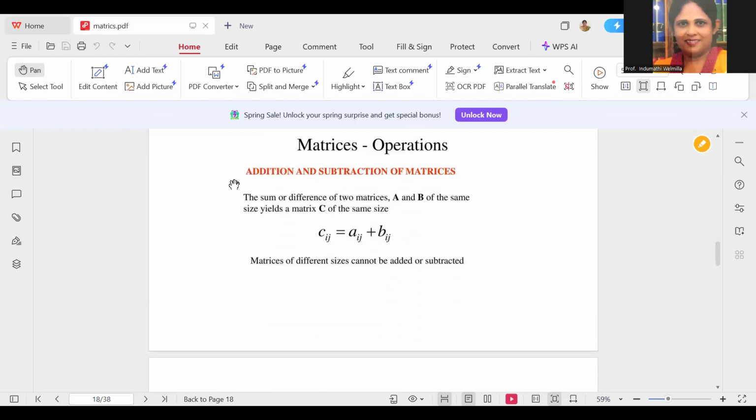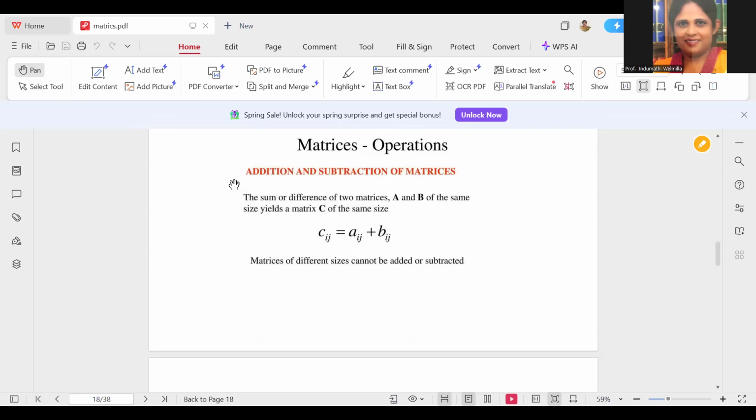So, addition and subtraction of matrices, right? The sum or the difference of two matrices A and B of the same size yields the matrix C of the same size. That means when we want to add matrices, the two matrices must be the same size, like a 2 by 2 matrix and the other should be 2 by 2, right?